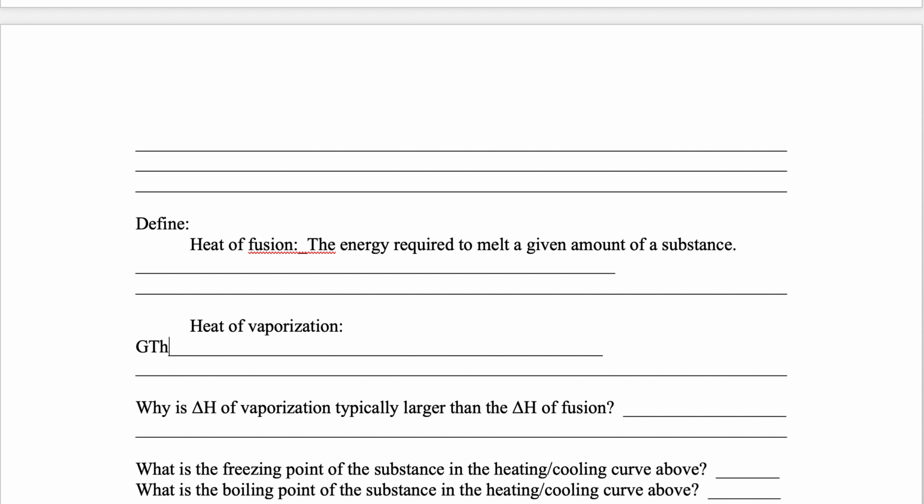The energy required to vaporize a given amount of a substance.